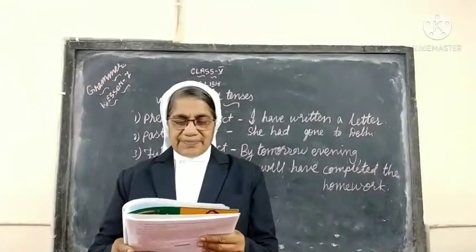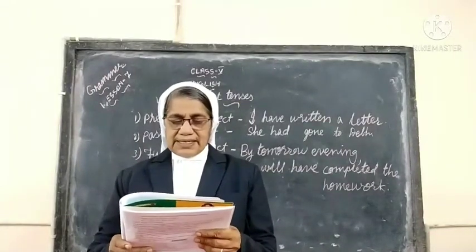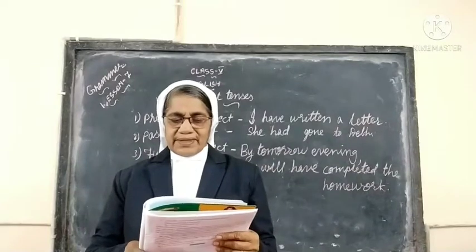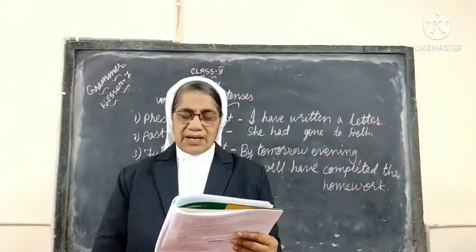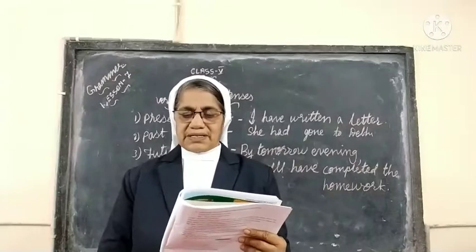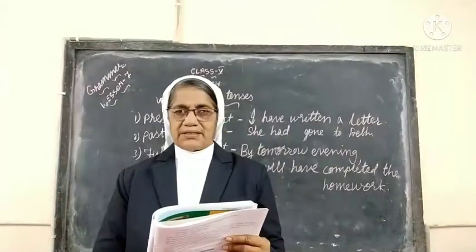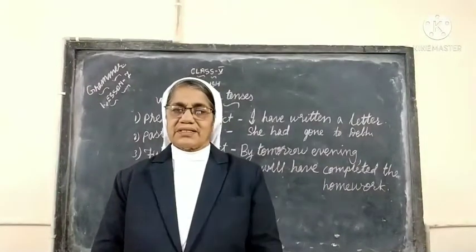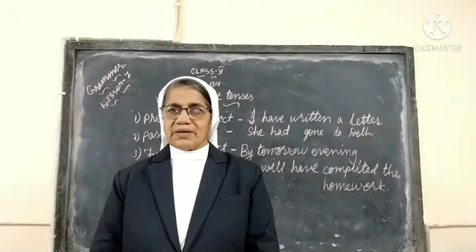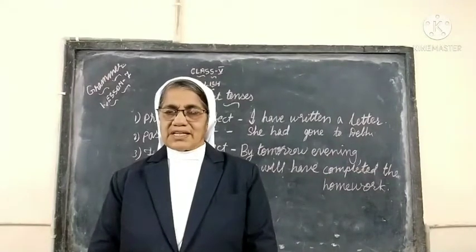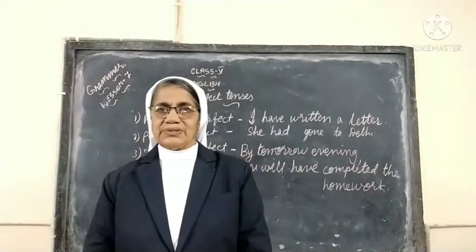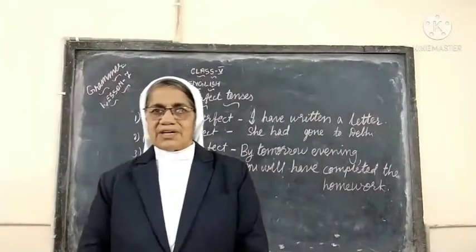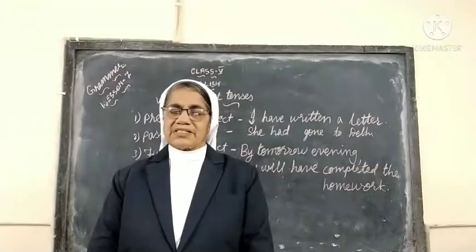Present perfect tense. It takes the form has, have plus past participle of the verb. Verb 1, that is present tense. Verb 2, that is past tense. Verb 3, that is past participle.